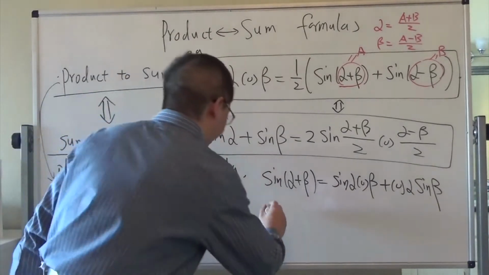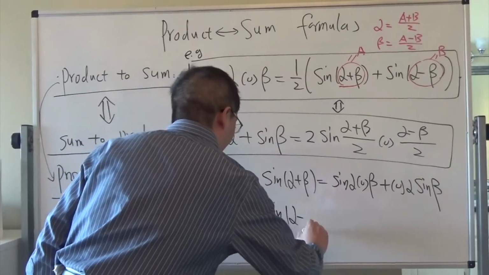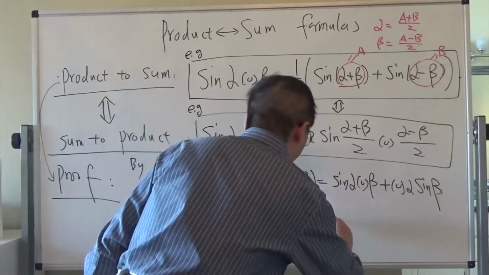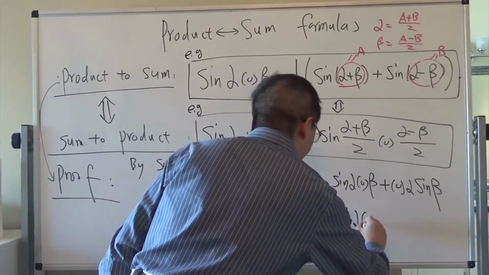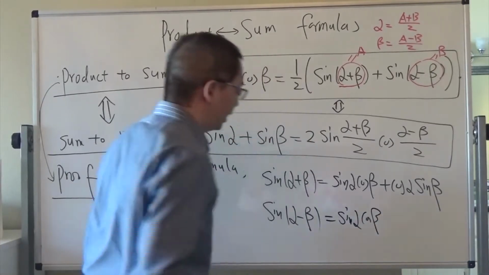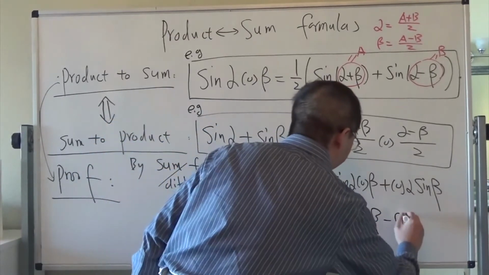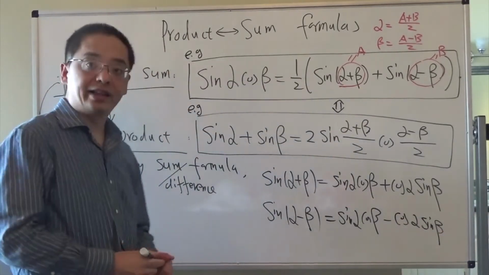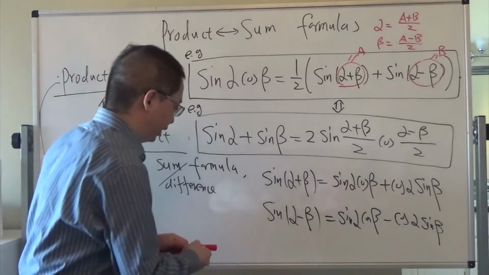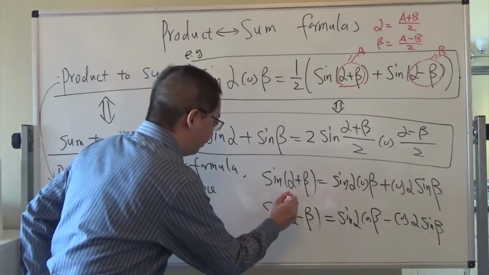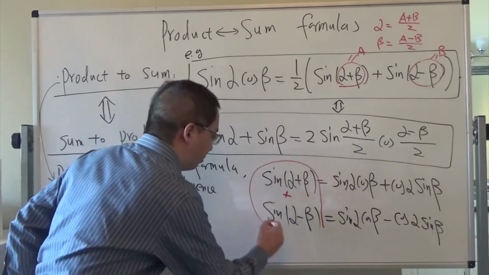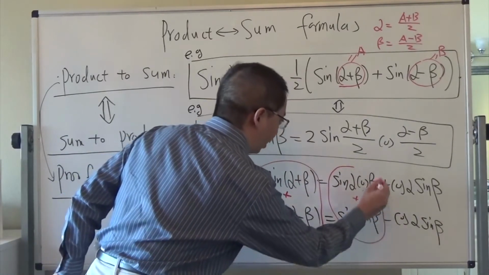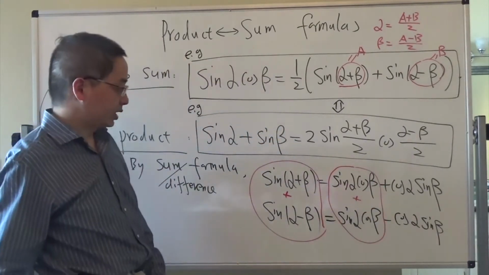And then we look at the difference, sine(alpha minus beta). We simply change beta to negative beta, and this equals sine alpha cosine beta, minus cosine alpha sine beta. If we add them together, sine(alpha plus beta) plus sine(alpha minus beta), then I have two copies of sine alpha cosine beta.